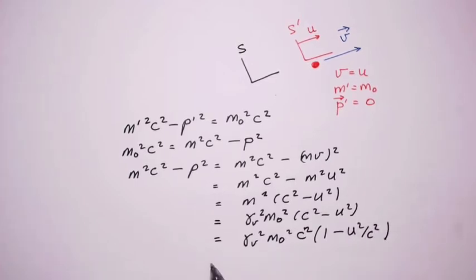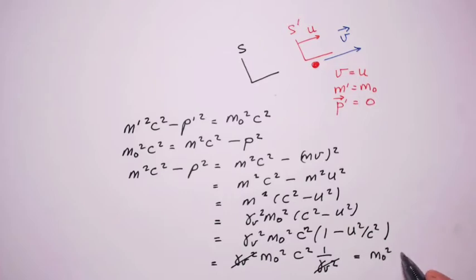We recognize 1 - u^2/c^2 as 1/γ^2. So we have γ^2 m0^2 c^2 multiplied by 1/γ^2, which is equal to m0^2 c^2, which gives us the same result we obtained previously.